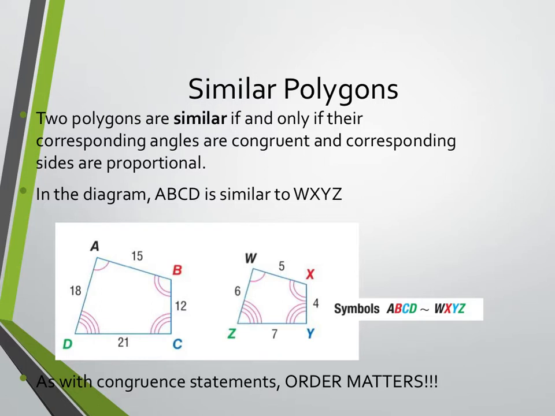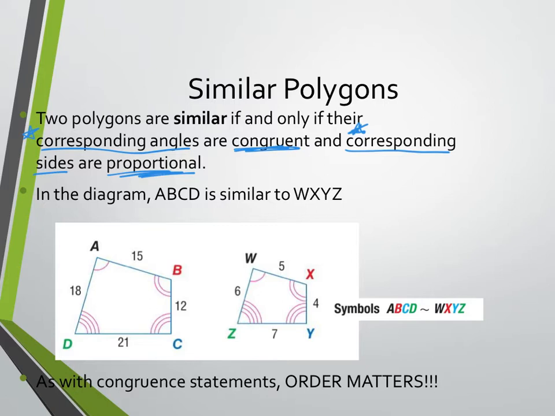So polygons are similar if and only if their corresponding angles are congruent and their corresponding sides are proportional. Now this is important. The shapes, the angles, the sides have to be corresponding. Okay, this will be a big deal later, especially as pictures start changing where they're sitting.